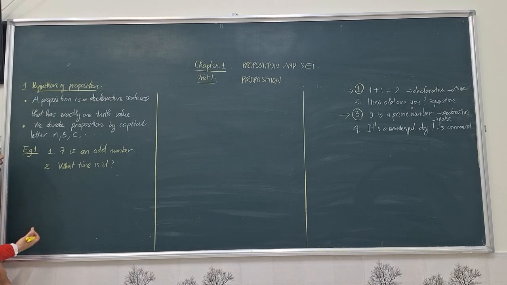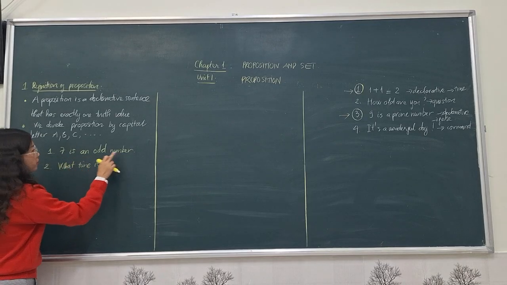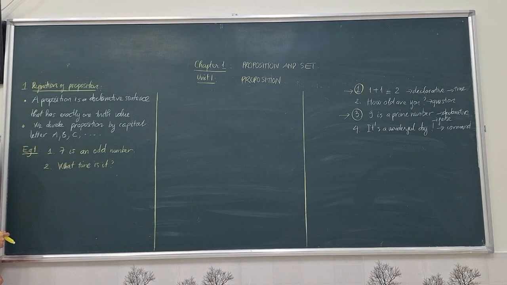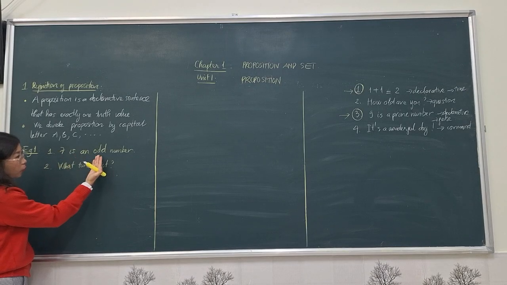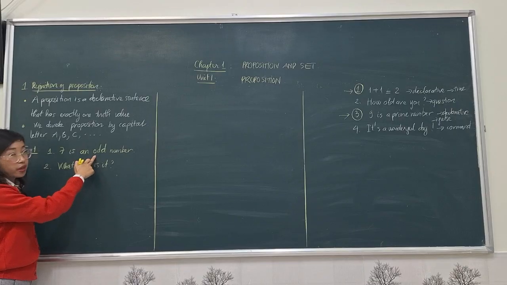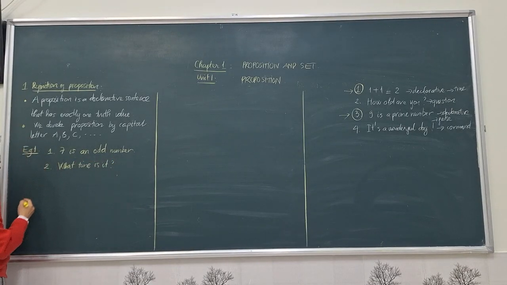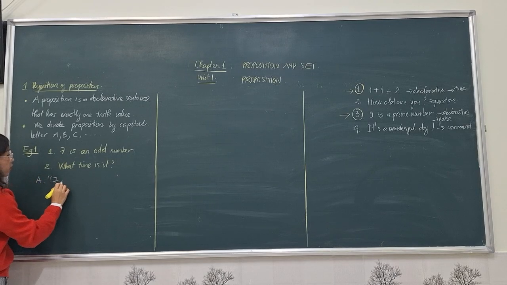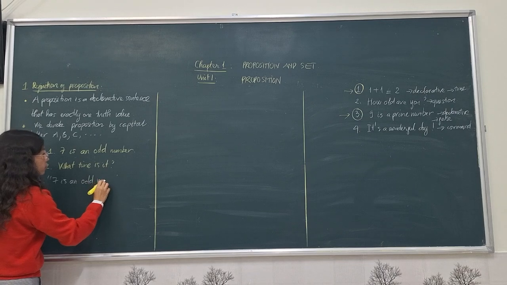Now let's apply this to sentence 1: 7 is an odd number. It is a proposition because it's a declarative sentence and we can determine its value. 7 is an odd number is right, so it is true. We call it proposition A: 7 is an odd number.